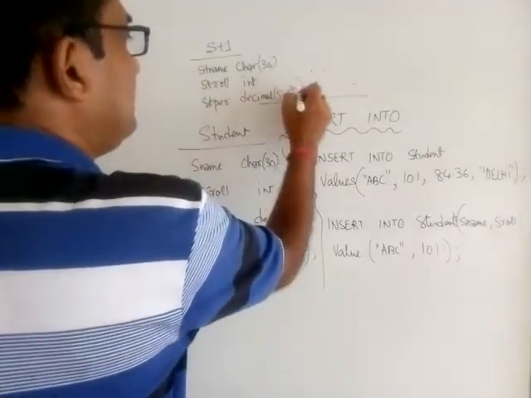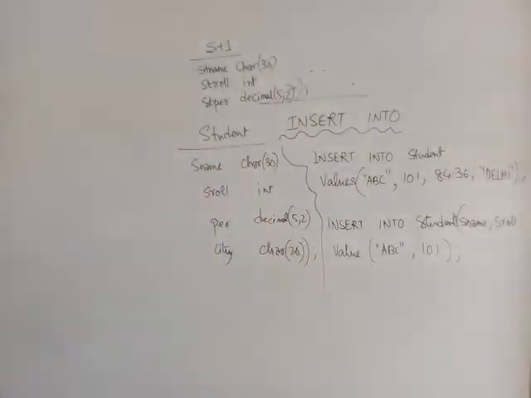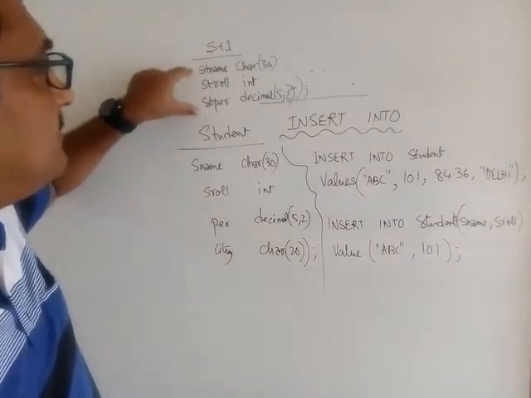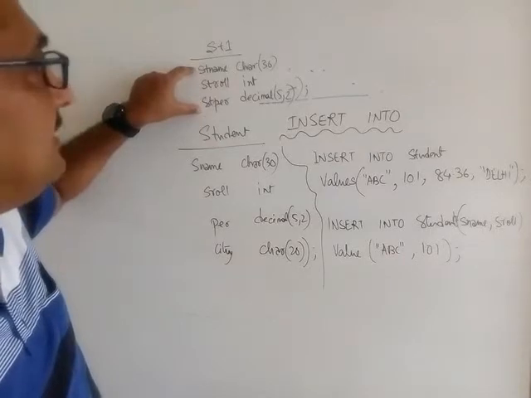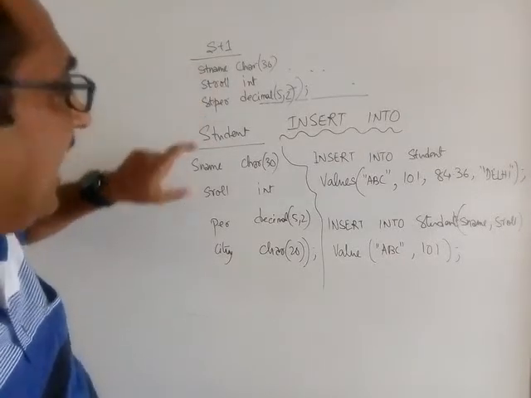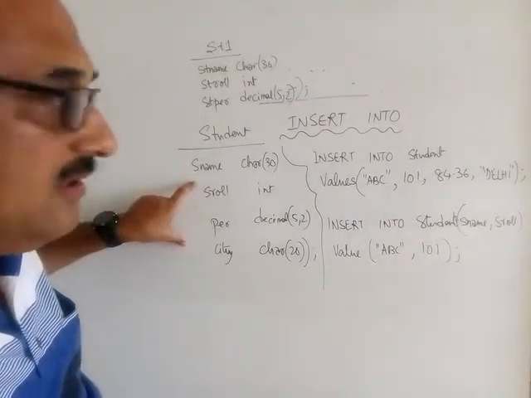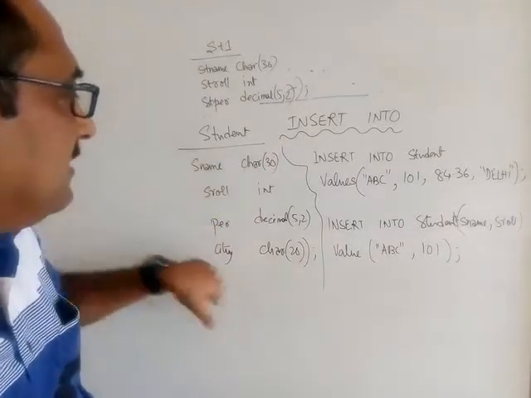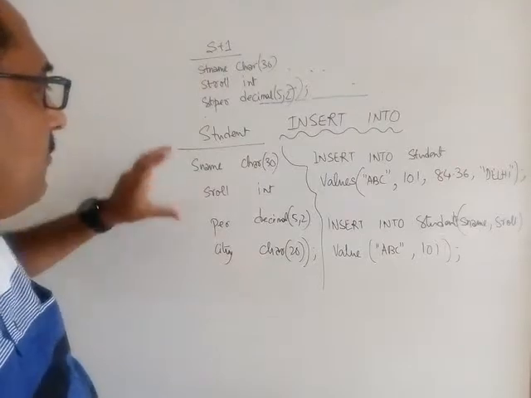I did not have any field called city. Now what happened? I wanted this particular table to have values from the student table. I already had say 10 records in my student table, and I want to copy them into ST1.